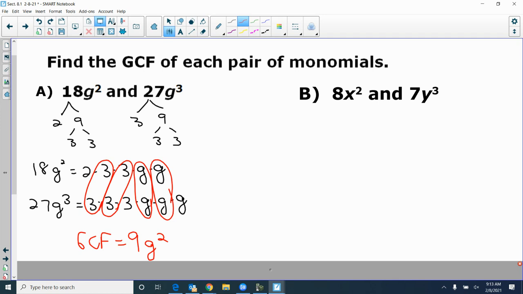Again, as long as that variable is the same, it's always the one with the lowest exponent. So g squared, they're always going to have at least 2 g's, so that is going to be your little shortcut.